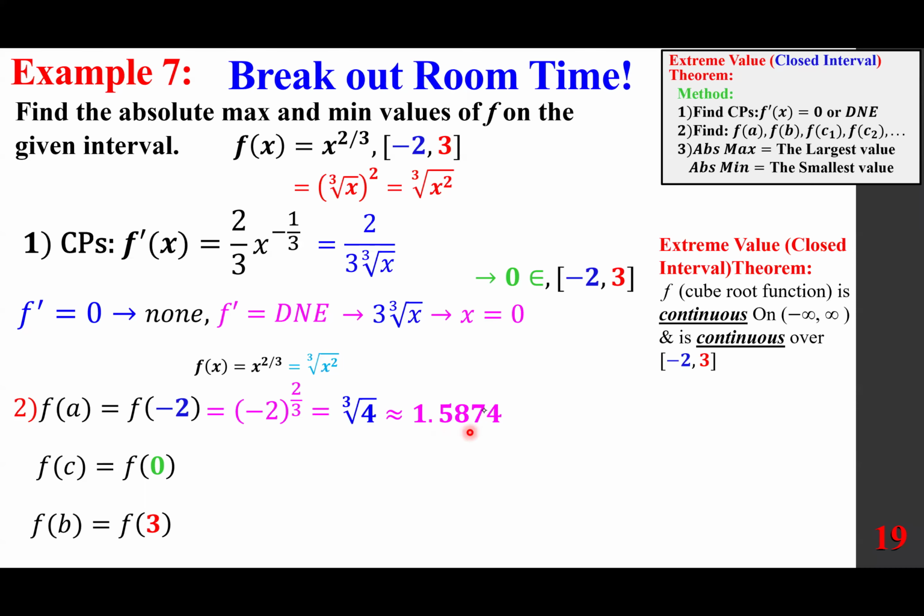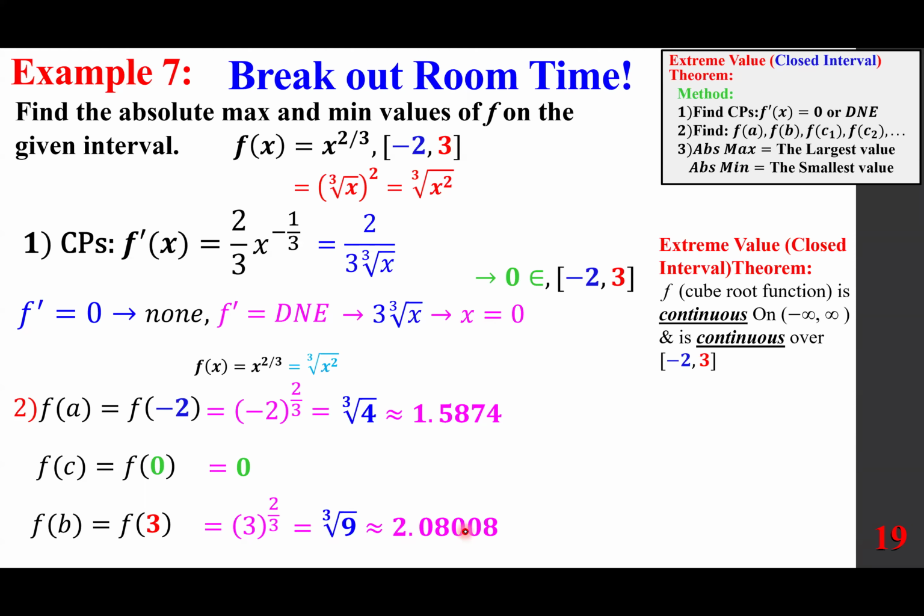As far as the number of decimals, as always write the exact answer. If they ask you for an approximation, then you do so. Otherwise, you don't. 0 is clear, simply gives you 0. There's really not much to it. Number 3 to the power of 2/3. That means square it, which is 9, cube root of 9, precisely putting it into a calculator, roughly 2.08008.